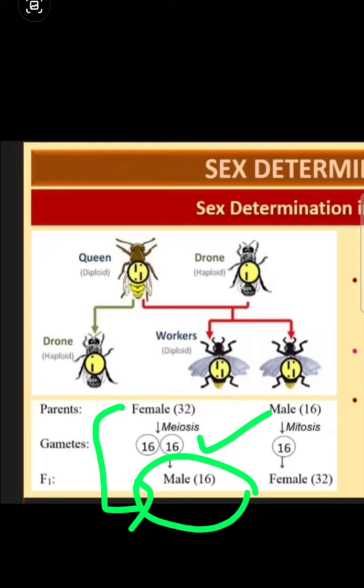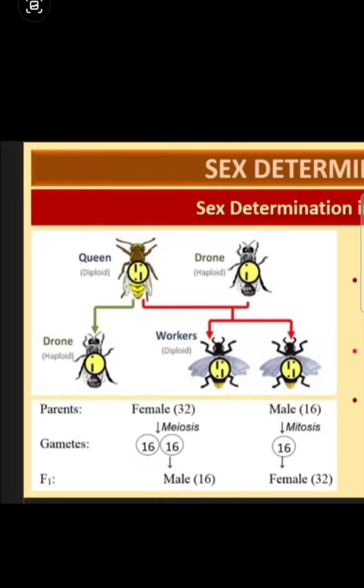This process we call parthenogenesis. The female produces eggs, and if they fuse with the sperm, they will produce workers and queen. How? The males have 16 chromosomes, and they will produce sperm by mitosis.